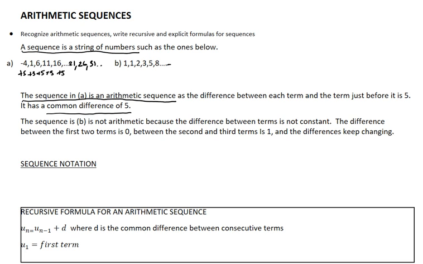Now, the second one is different. It is not arithmetic because the difference between the terms is not constant. In other words, 1 plus 0 is 1, 1 plus 1 is 2, 2 plus 1 is 3, 3 plus 2, and then 5 plus 3 to get to 8.